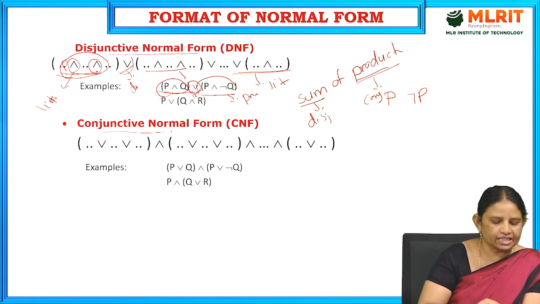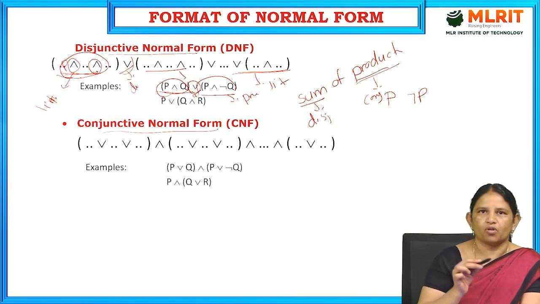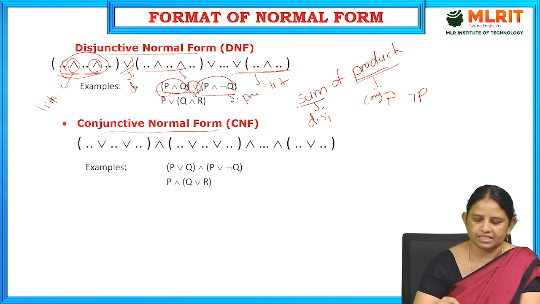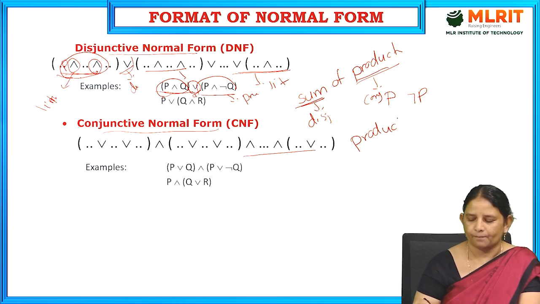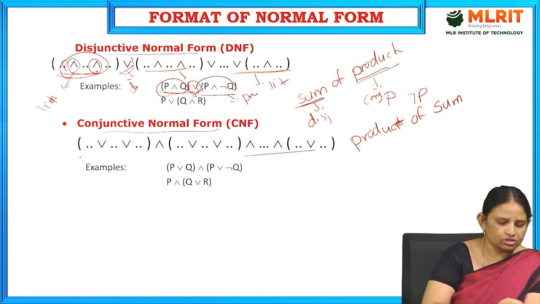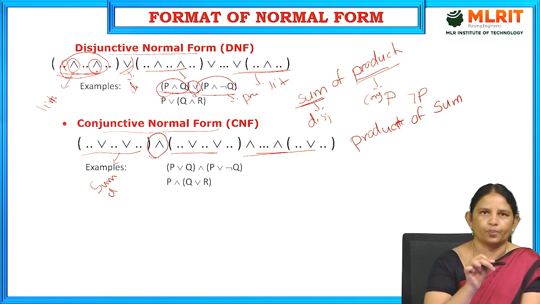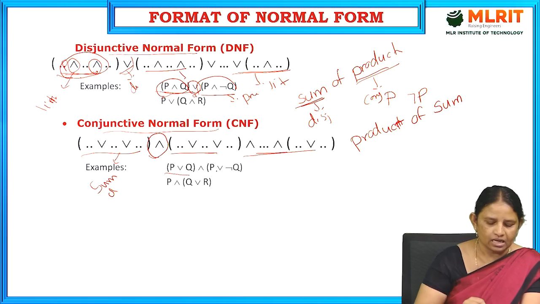What about conjunctive normal form? Conjunctive normal form is the opposite of disjunctive normal form. Whereas disjunctive normal form consists of a sum of products, conjunctive normal form consists of a product of sums. These are called sums of literals. These sums of literals are connected by using the symbol called product. This is one sum of literals and this is another.